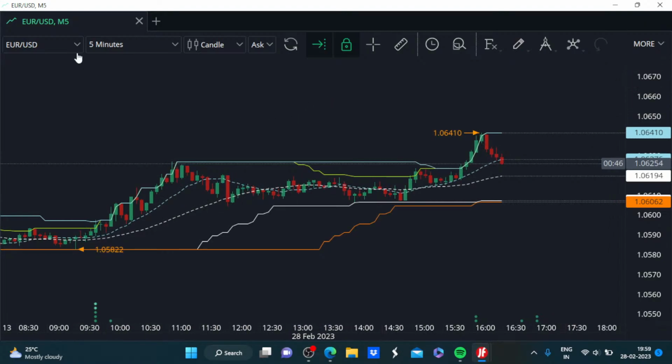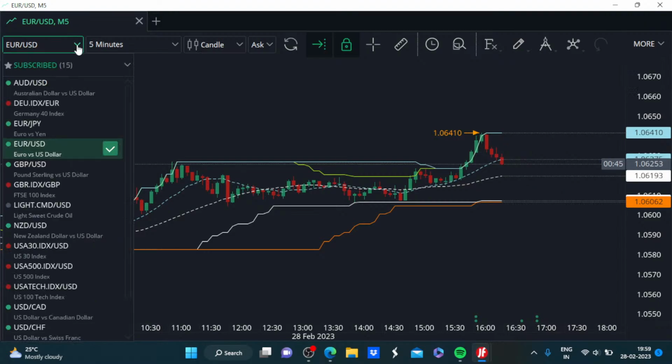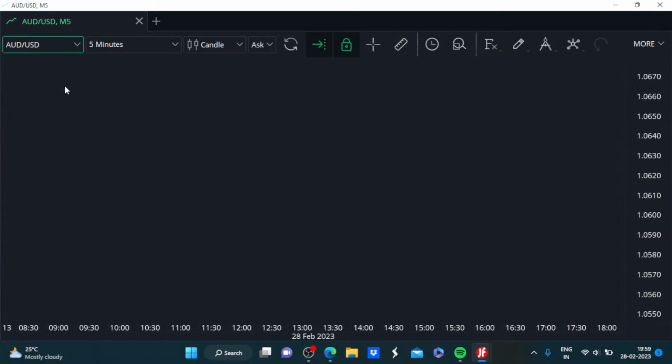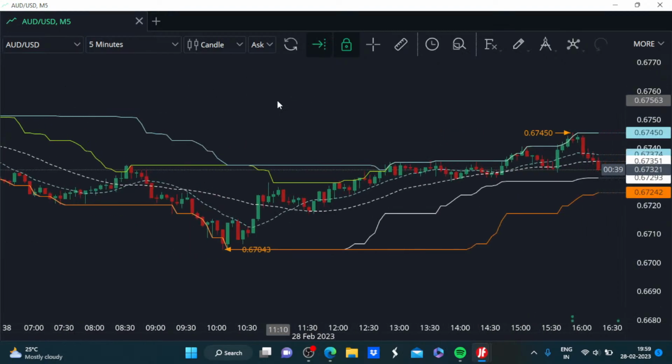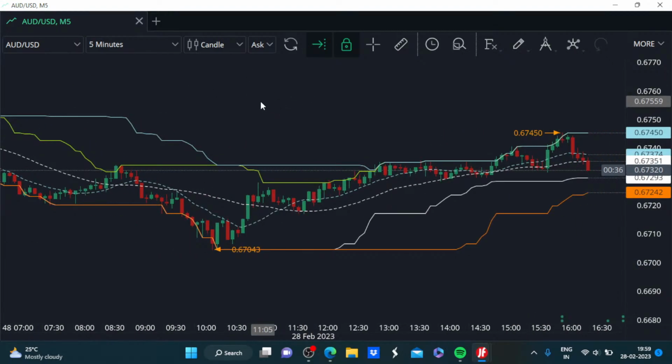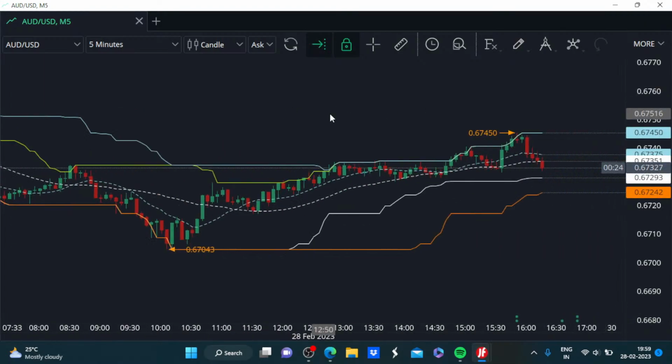Now, if we have to look at the other major currencies and see which one is strong and which one is weak, we will have to consider all the major currencies trading against the dollar, including the AUD, NZD, GBP, CHF, CAD, JPY. For AUD, the momentum has not been that strong, as is the case for the European currencies.